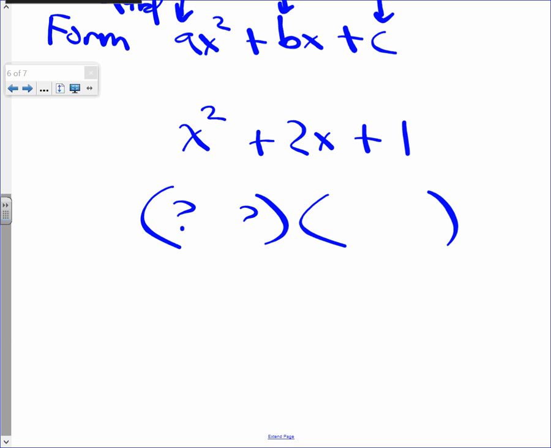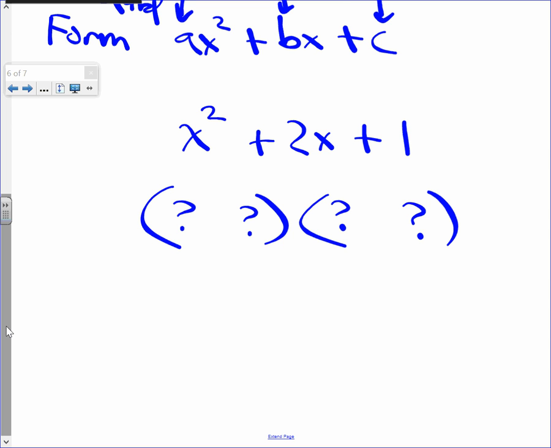Put question mark here, question mark here, question mark here, question mark here. All right. What will go in each binomial that will end up multiplying to become that trinomial is the question right now.